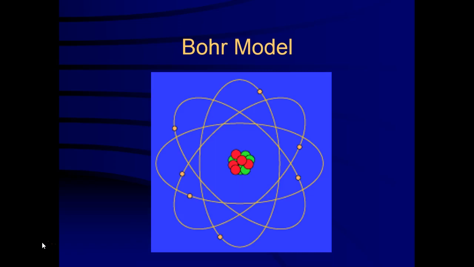And there are several different types of orbitals. Some of them look very strange. There are some that look like dumbbells, other ones that look like a sphere. And every orbital can hold 2 electrons. So 2 electrons in every orbital.